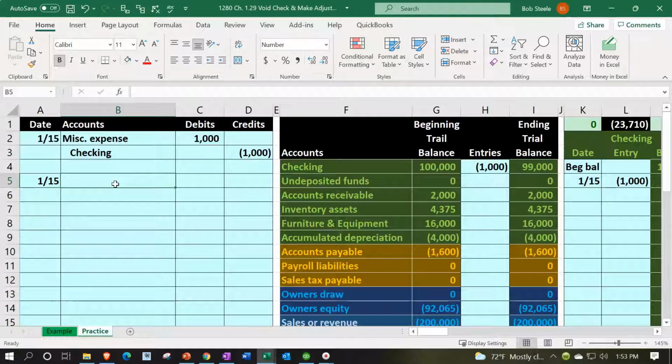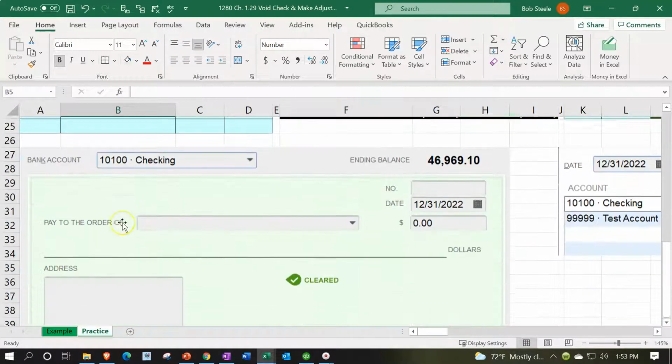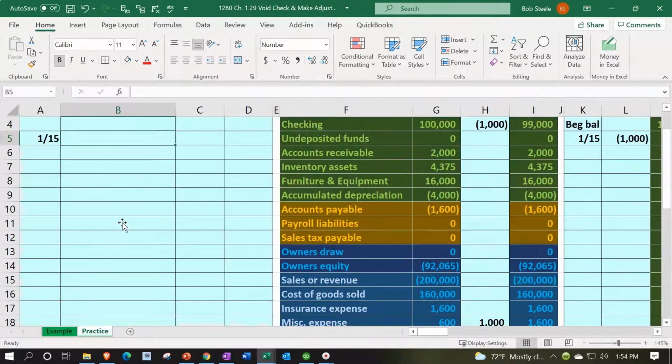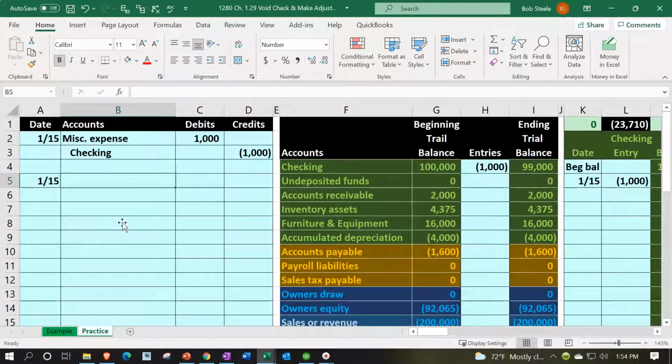So even if I'm voiding it a month, or 5 days later, it's going to reverse the transaction at the day the check was written, because it was erroneously written. So I'll reverse this checking account up top. It's going to have to go back up because it never really went down, because the check's not going to clear.